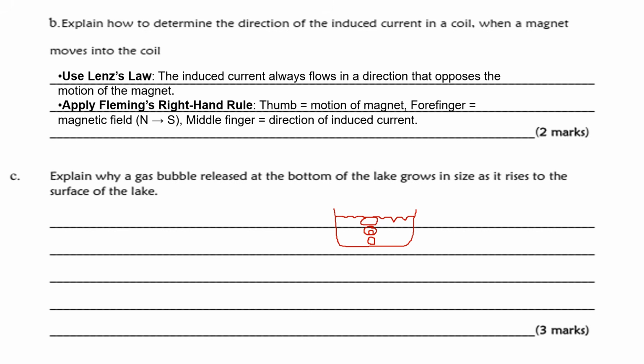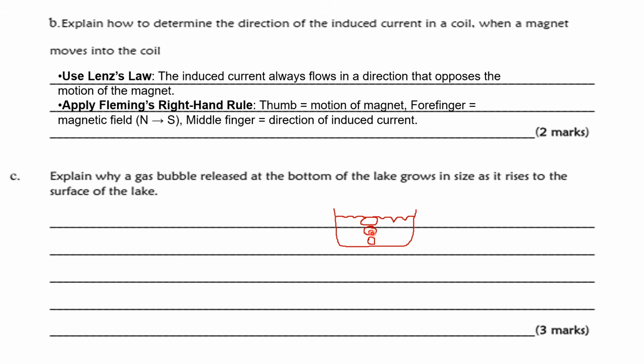One thing that you need to recall is that the liquid pressure here at the bottom is bigger than the pressure on top. The high pressure here at the bottom will actually compress the bubble such that it gets smaller, or it shrinks if you like.